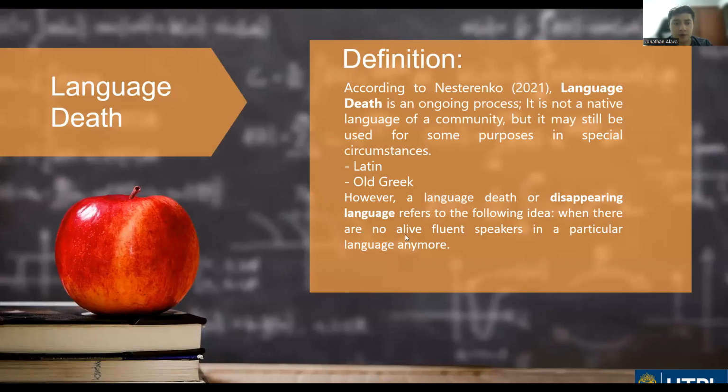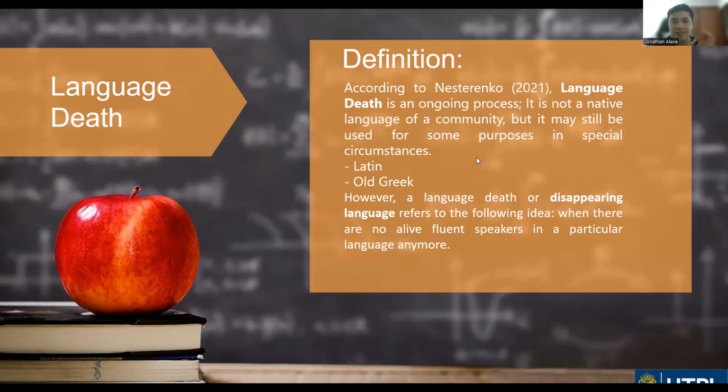So, according to our tutor, Nesterenko in 2021, language death is an ongoing or continuous process in linguistics. A dead language is usually defined as a language that some people still use, even if there are no native speakers left, for some specific purposes. Here we have one example that is Latin. Latin is probably the most widely known dead language, and no one speaks that language as the everyday language anymore.